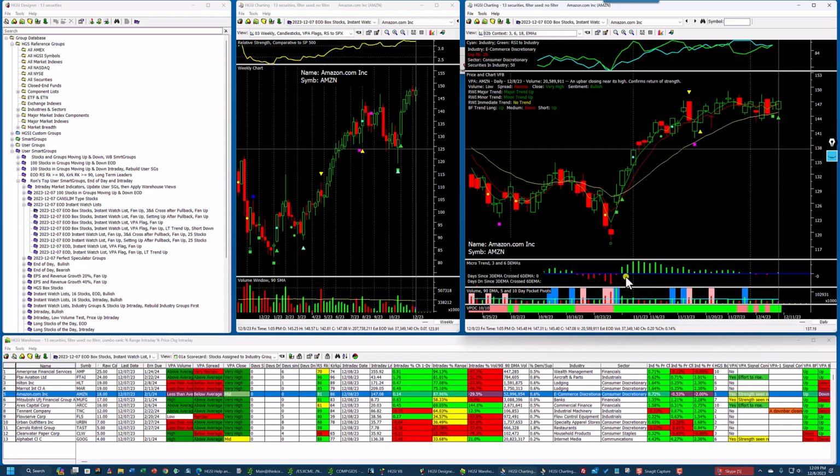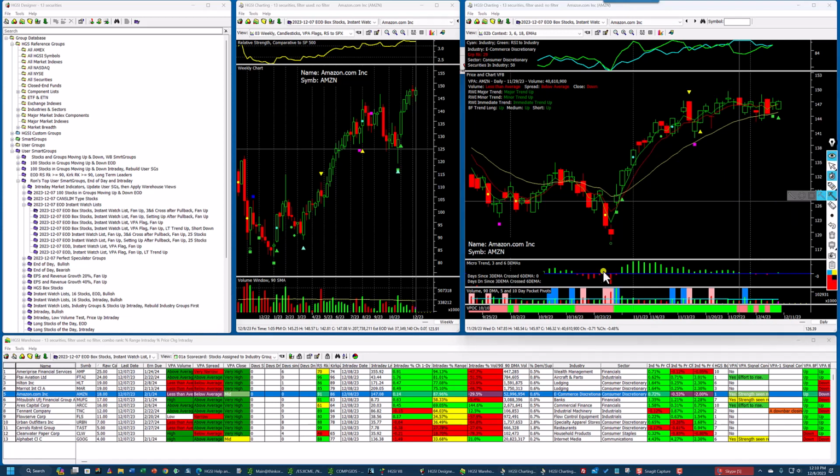I only have one histogram here, the 3 crossing the 6, and I've eliminated the other 2. But I get the important things. I get the 3-6 crossover. I get the volume pocket pivots. I get the VPOC and the 3, 6, and 18 exponential moving averages.